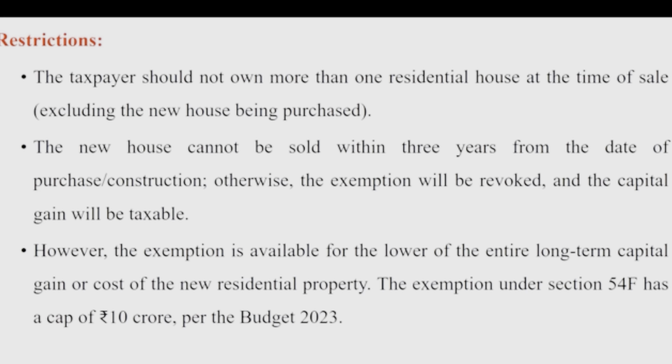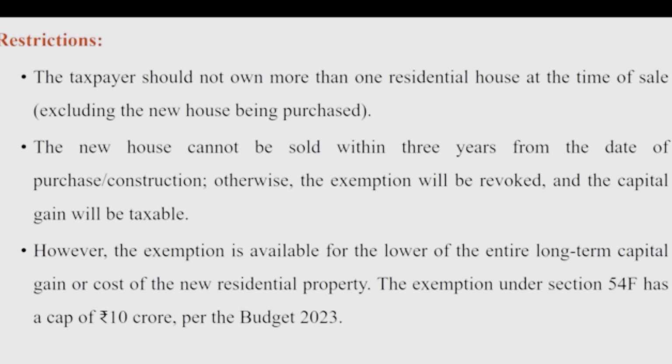Now, you have certain restrictions in relation to Section 54F. The first one is the ownership restriction. The taxpayer must not own more than one residential house, other than the new one, at the time of selling the original asset.